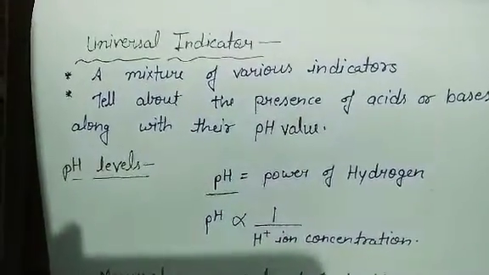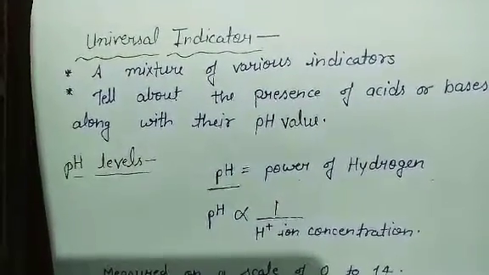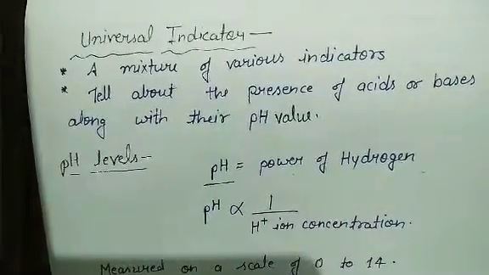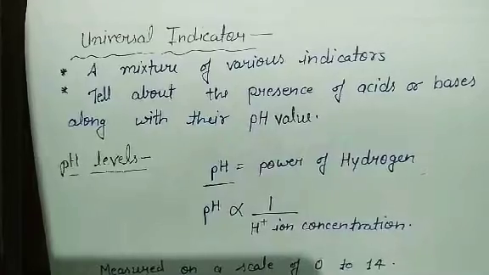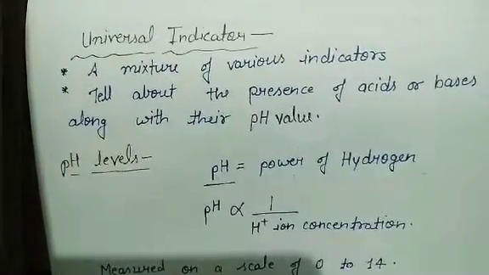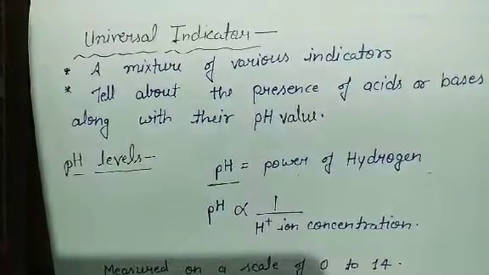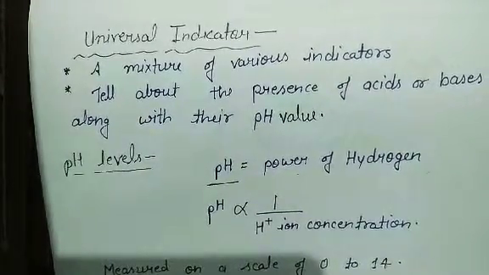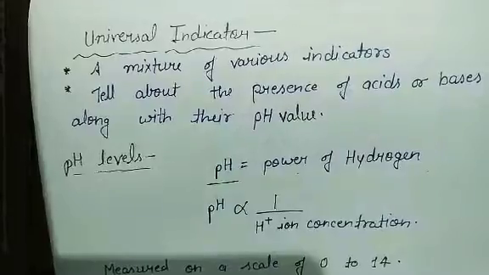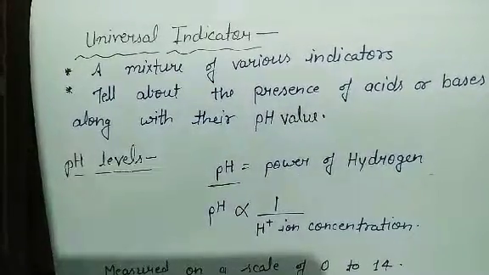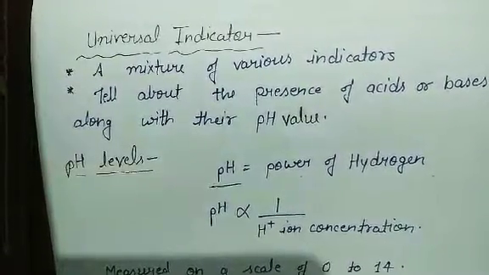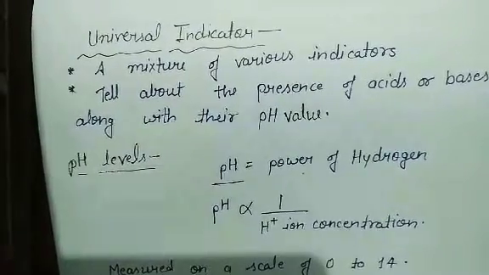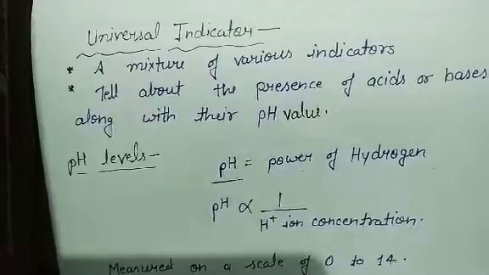As you may know from the previous lectures, the strength of an acid depends on the hydrogen ion concentration of the solution. So if you take an acid and there is a very high concentration of hydrogen ions in the solution, then that acid will be very strong, because strong acids dissociate completely in their solution.